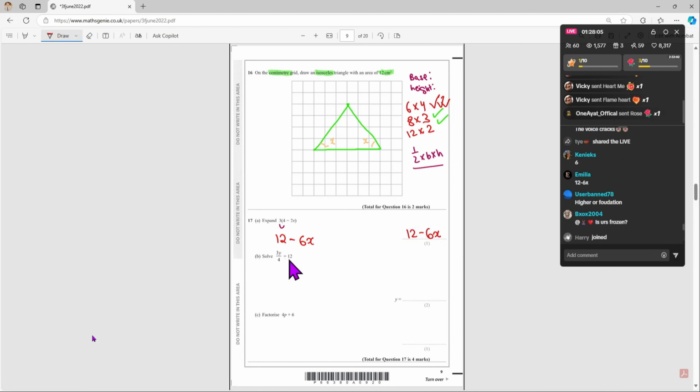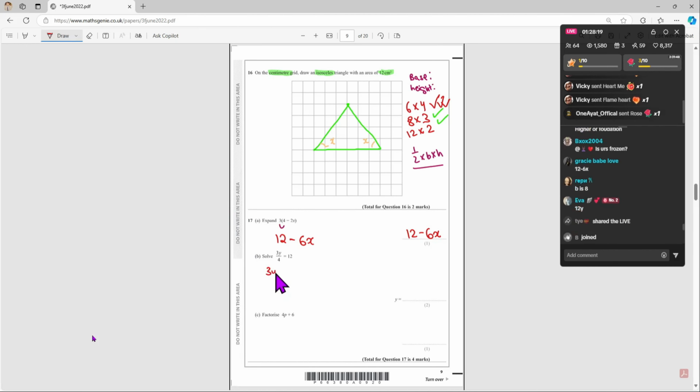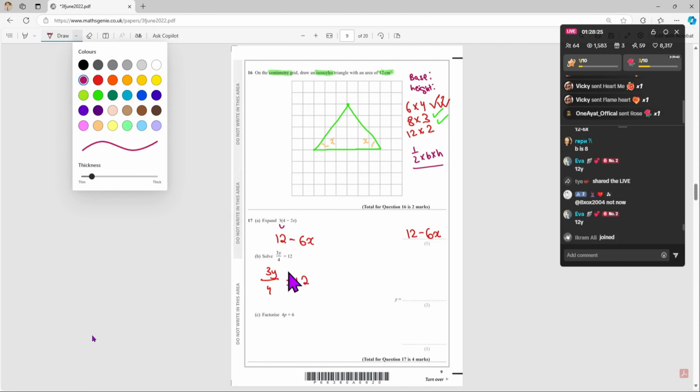And then we need to solve 3y over 4 is equal to 12. So how do we do this? We need to work out the value of y.